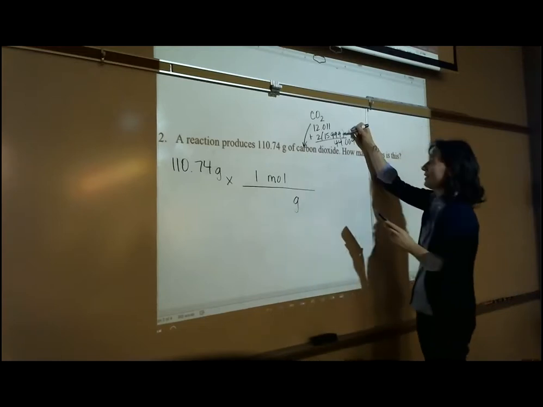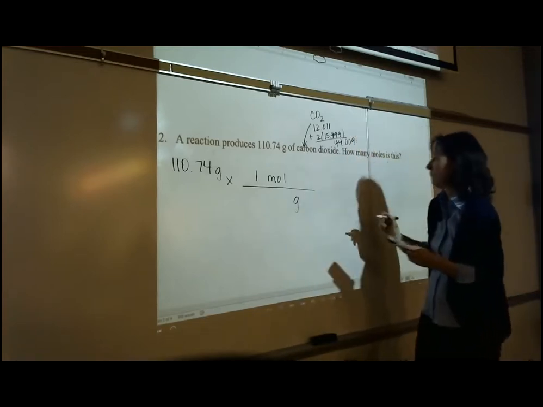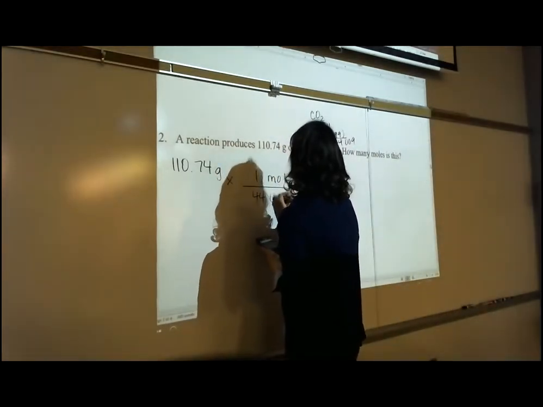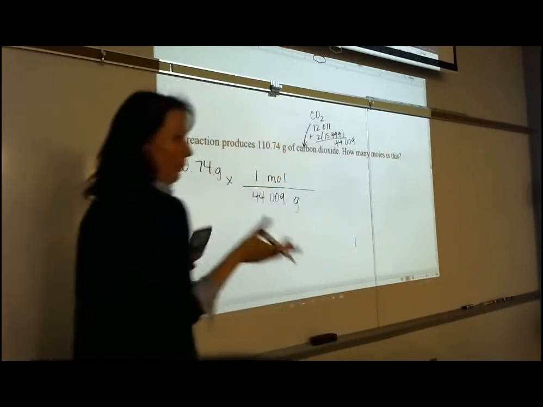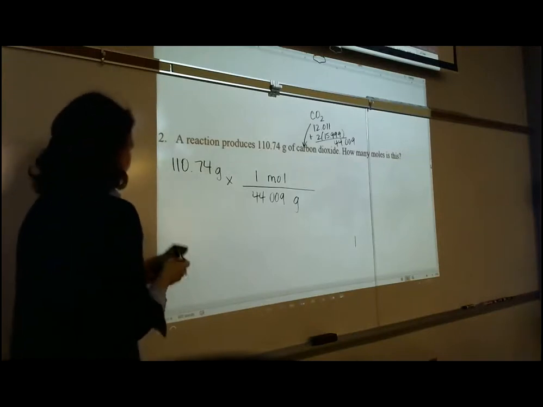If you had rounded that to 16, your answer would be ever so slightly different, but it's not going to matter in the final answer. Again, on tests and quizzes, we'll all have the same periodic table, so we don't have to worry about how many decimal places your periodic table carries versus the person next to you.